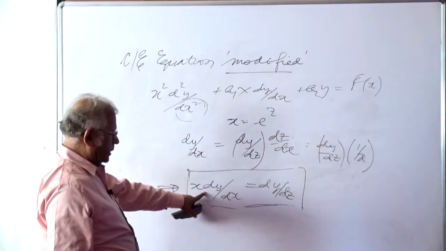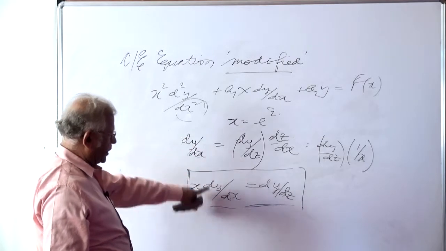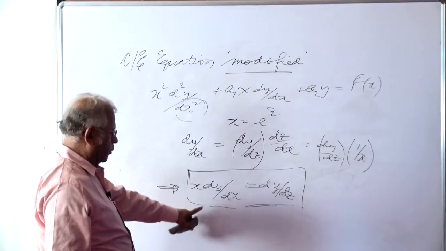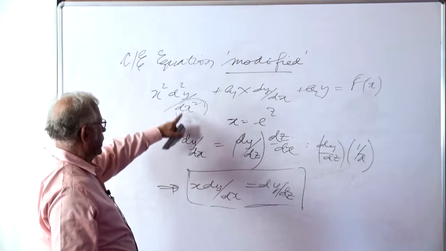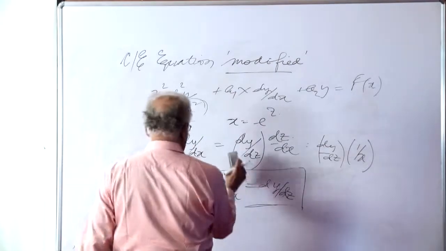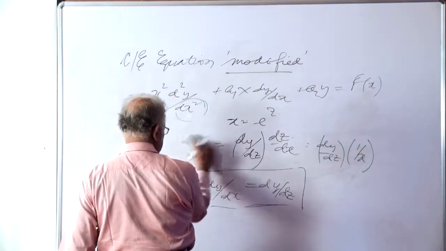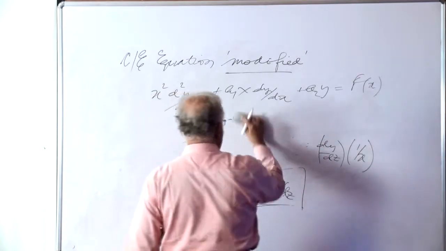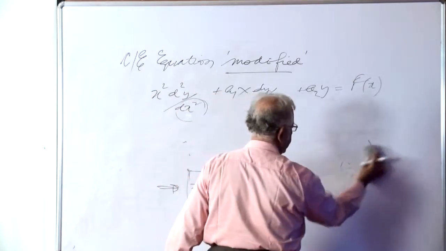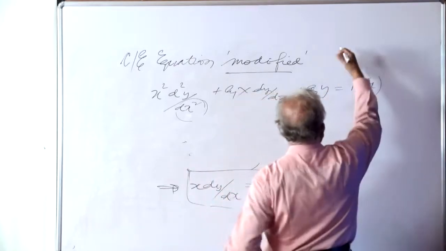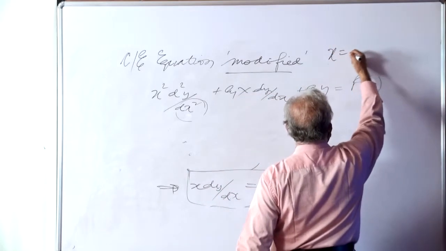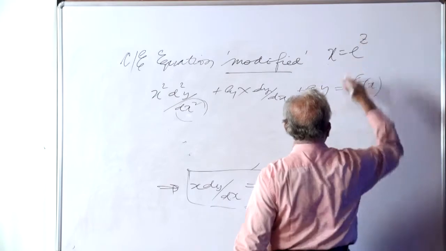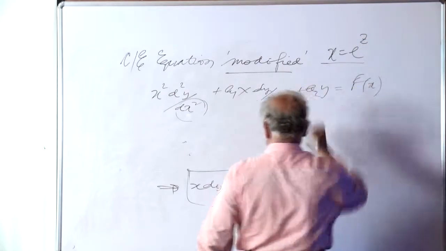We will take this a little up and differentiate it once again to see what is the value of x squared d2y by dx2. So, we rub out this part. We remember that x is equal to e to the power of z. So, we capture the substitution here, x is equal to e to the power of z. That's fine.